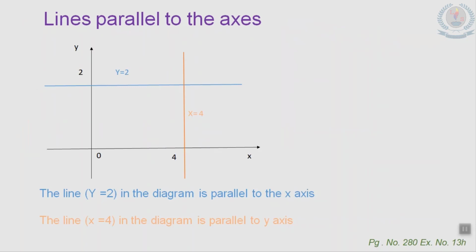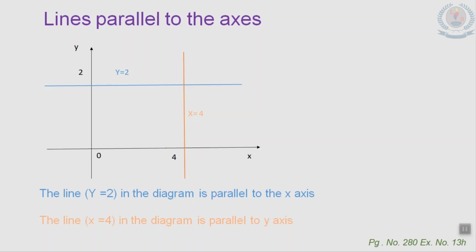Lines parallel to the axes. Here you can see 2 lines. One is y equals 2, going through the y-axis. The other, in red, is x equals 4, going through the x-axis at positive 4.